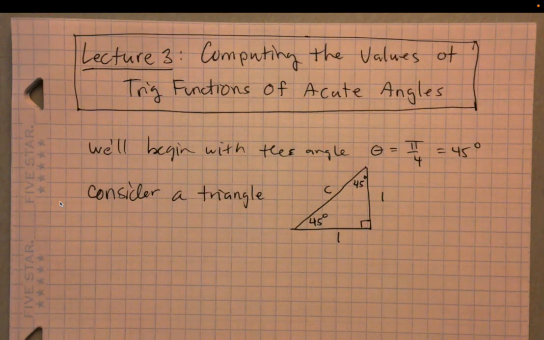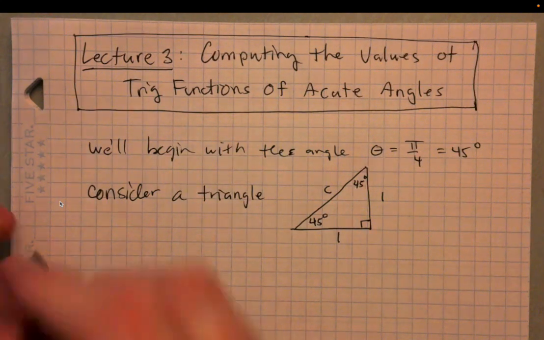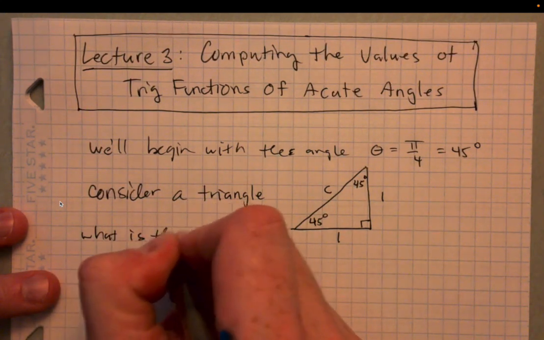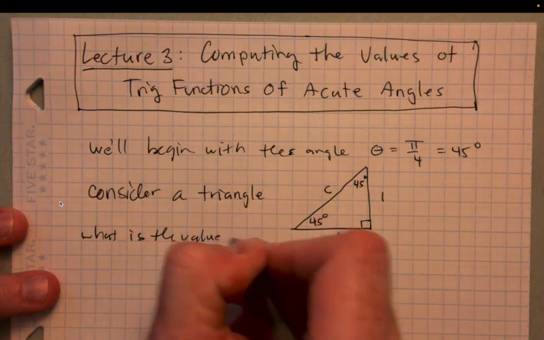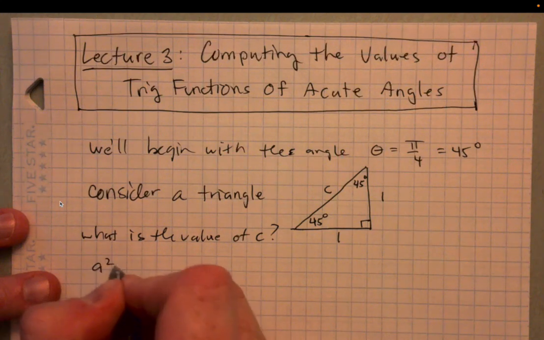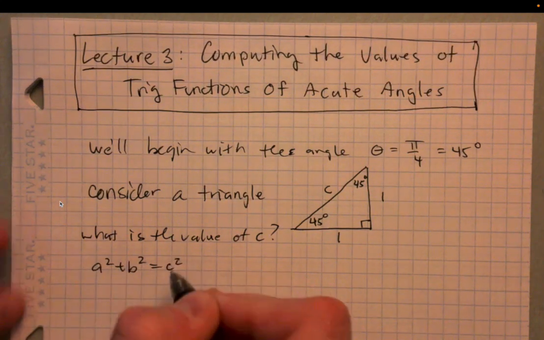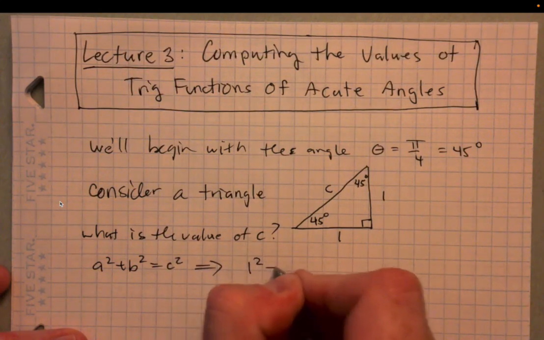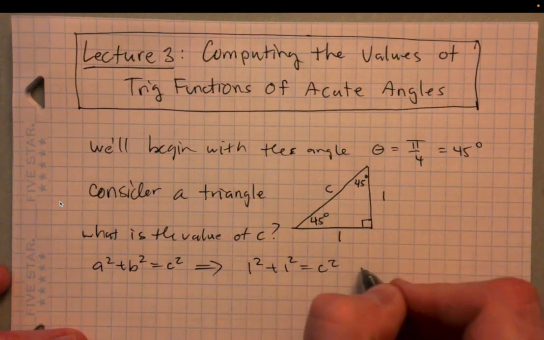Okay, so what is the value of c? Well, we can figure that out using the Pythagorean theorem. We know that a squared plus b squared equals c squared. And so that means 1 squared plus 1 squared equals c squared.